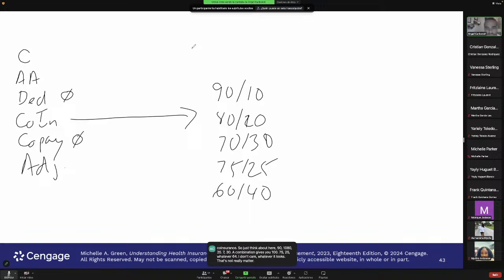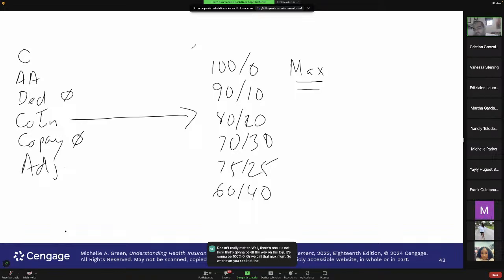But there's one that is not here, that's going to be all the way on the top: 100% and 0, or what we call maximum. Whenever you see that the insurance pays at a maximum rate, it means the insurance pays 100% and the patient pays nothing.